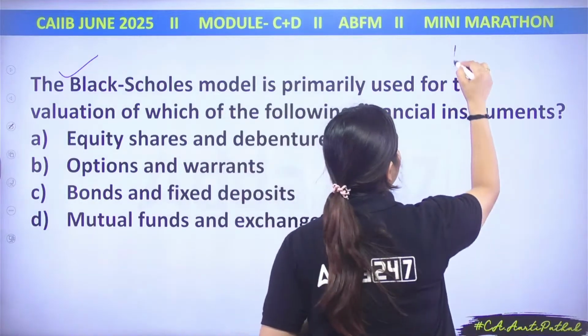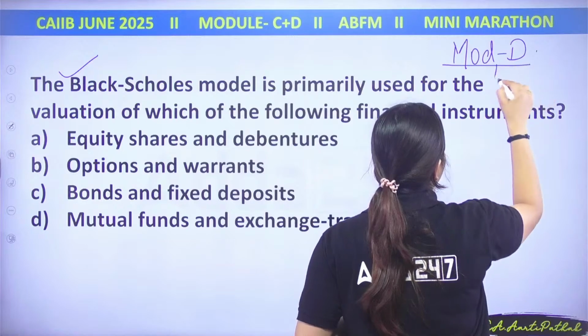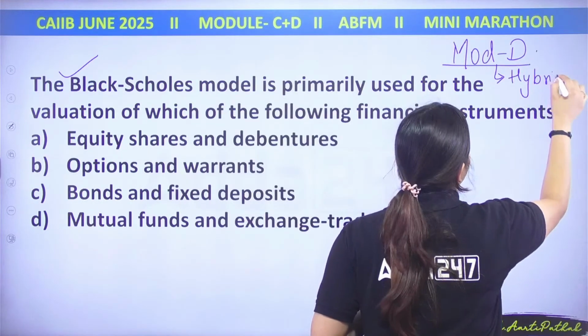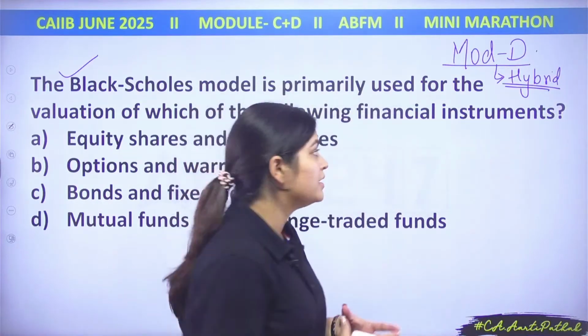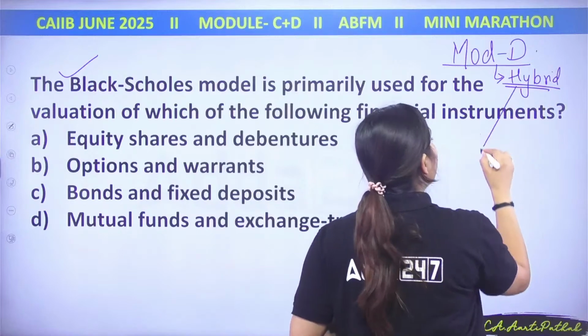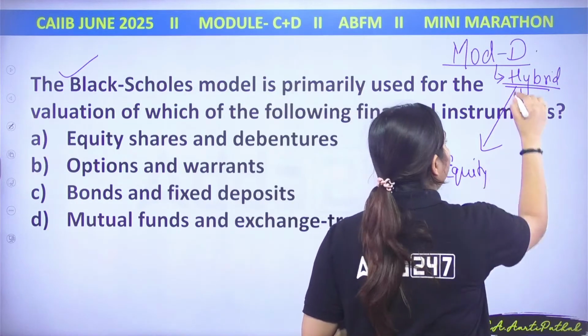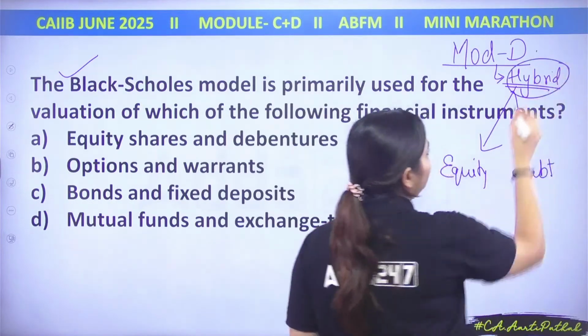Basically, this question is from your Module D, first unit, that is hybrid finance. Under this, whenever you are taking funds that have these two qualities, equity plus debt, you are going to call them hybrid funds.